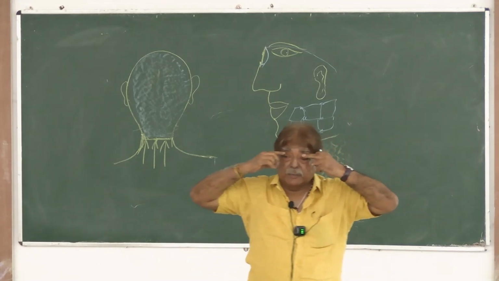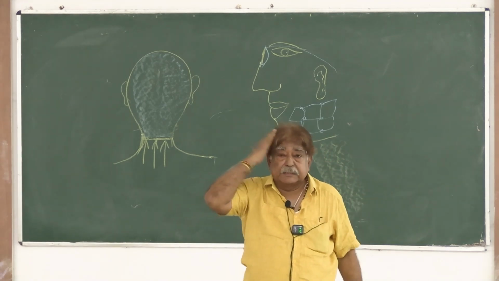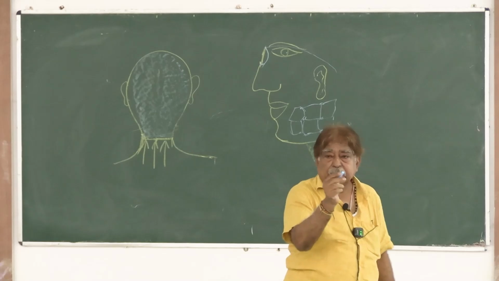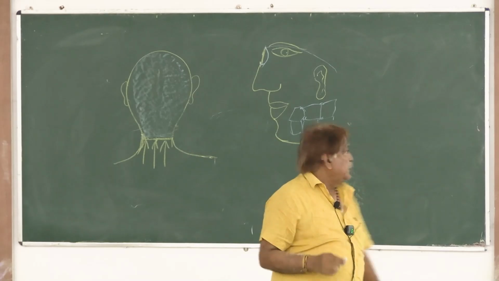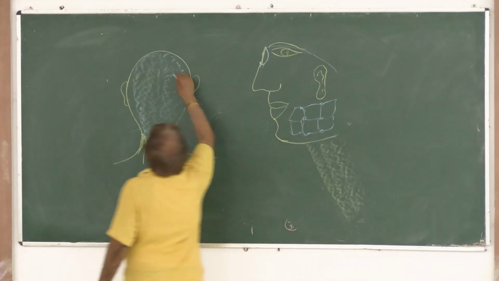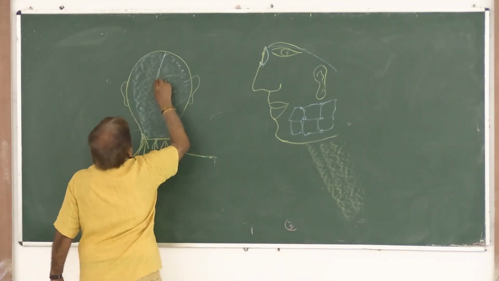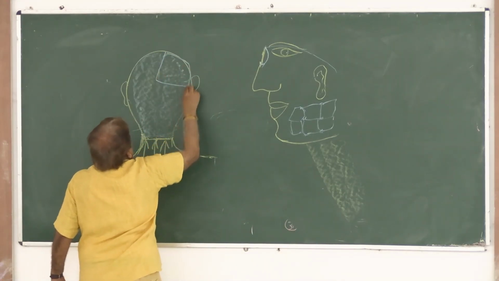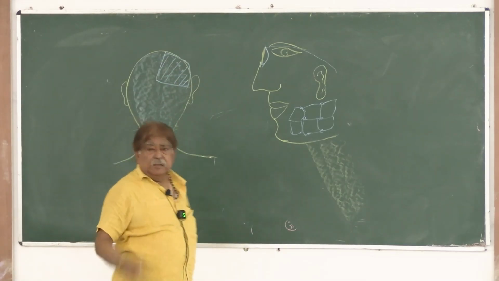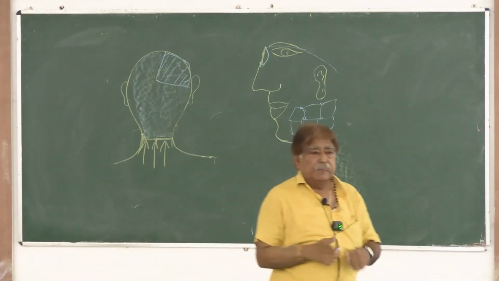You pulled it up to this place. Then this skull bone is exposed. He took a marker pen and he drew like this, 2 places, 3 places.